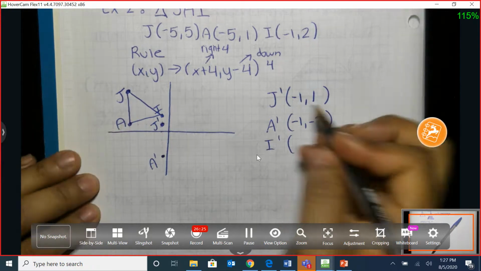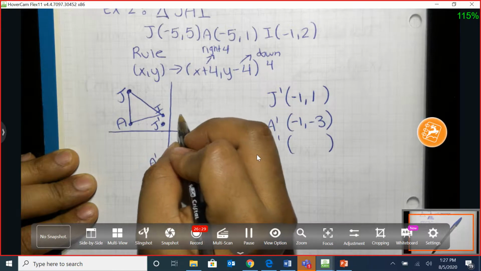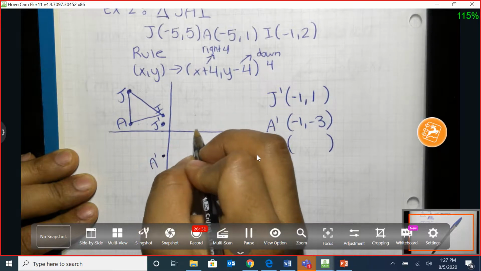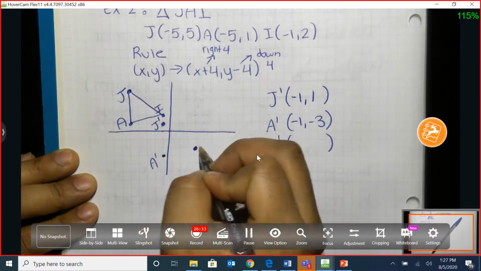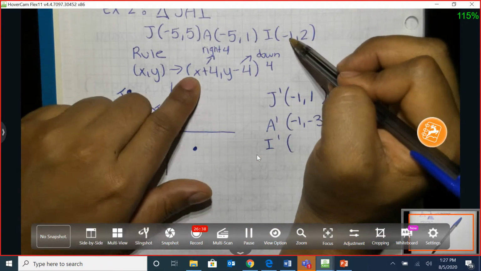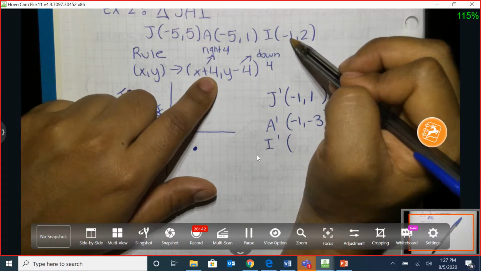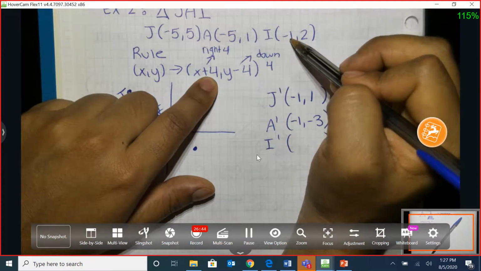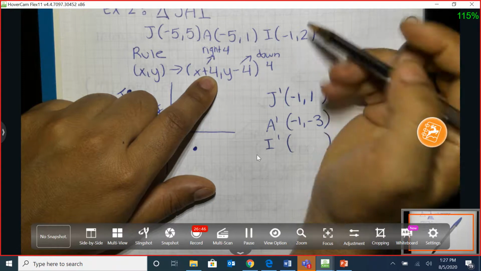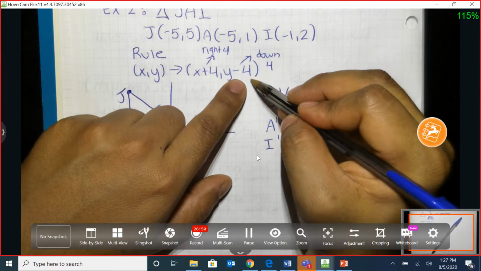And then for I, I need to go right 4, 1, 2, 3, 4, down 4, 1, 2, 3, 4. You could have also used the coordinates right here. What's -1 plus 4? What's -1 plus 4, guys? +3. Okay, and what is 2 minus 4?